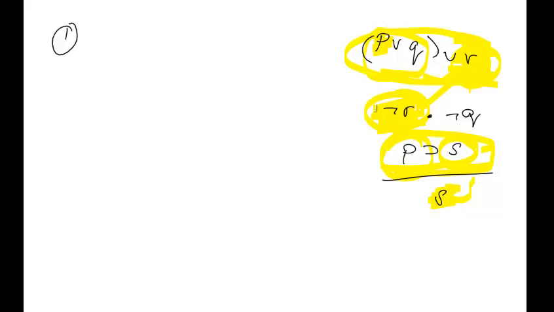So we know that not R will give you, by disjunctive syllogism, P or Q. Then we're still stuck with P or Q, but lo and behold, we've got the handy not Q, which unlocks the P, and then you're in business. So let's go ahead and do this proof.